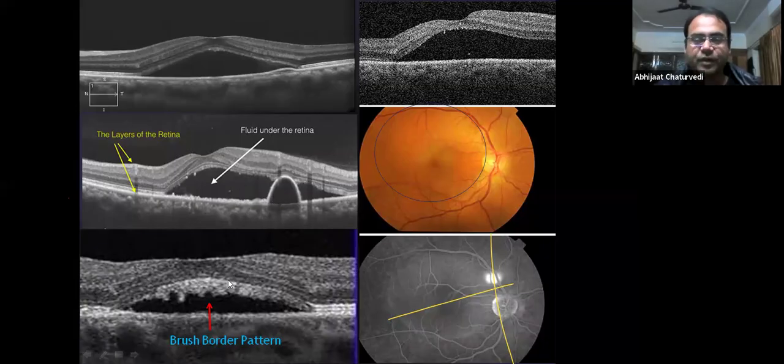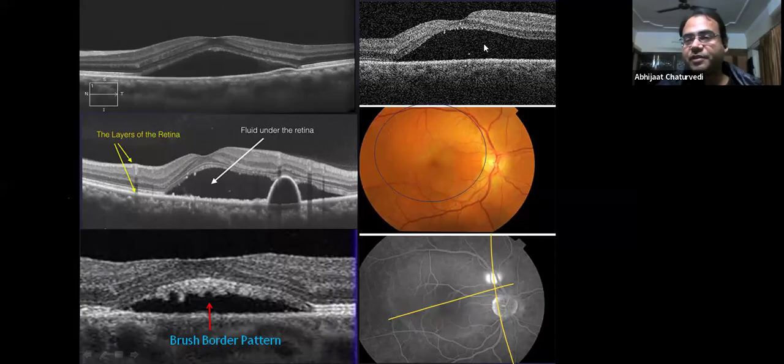Now in CSR, you can also see many times this brush border pattern. This is nothing but your photoreceptors which are getting damaged and shed away. Also, in the beginning of my presentation, I said never make a diagnosis on OCT alone. Always do a clinical examination, see the fundus picture, if required do an imaging, and then combine everything and make a diagnosis. Why?